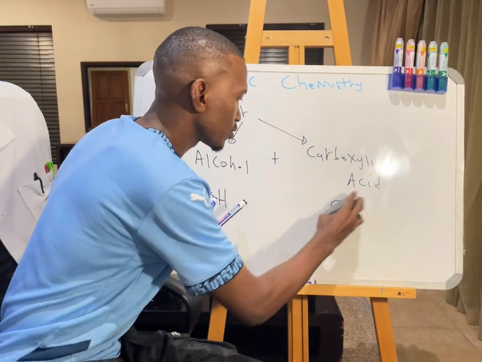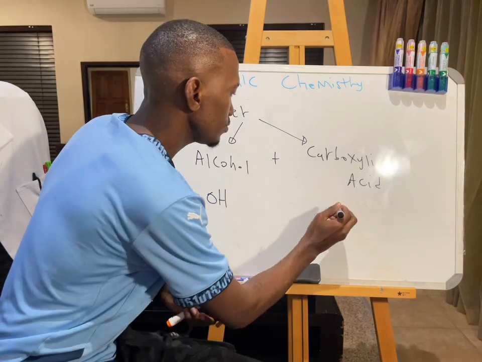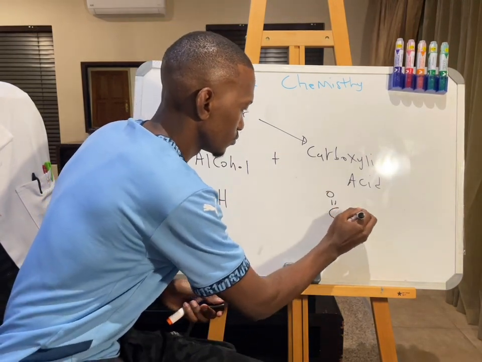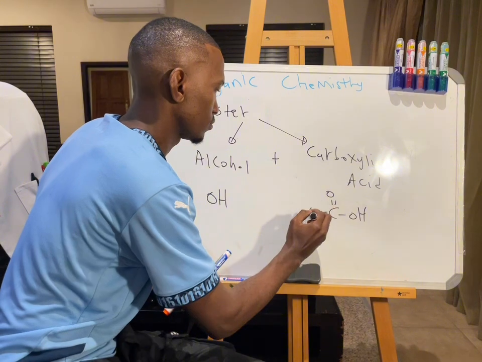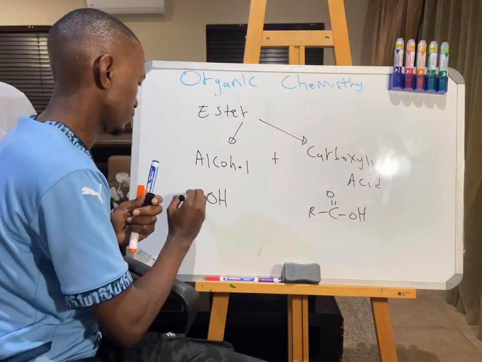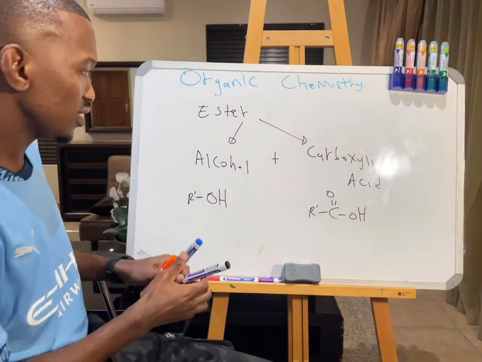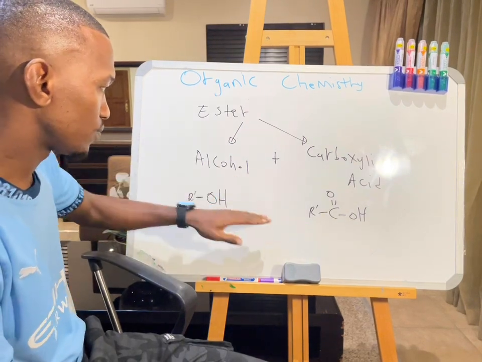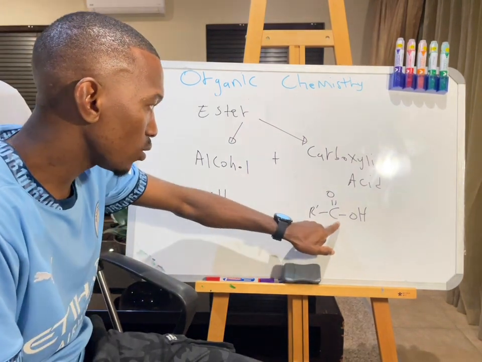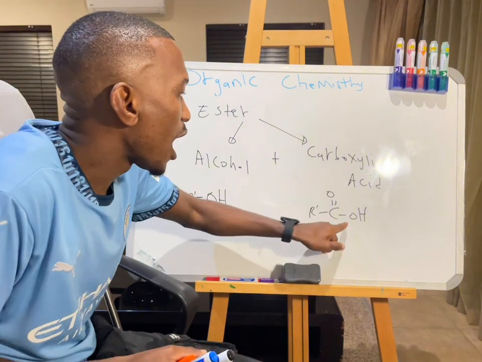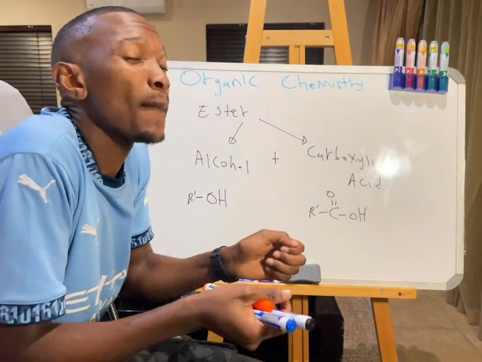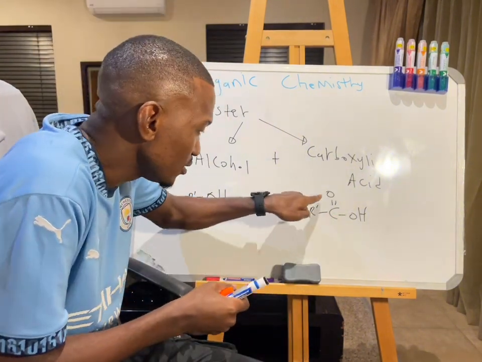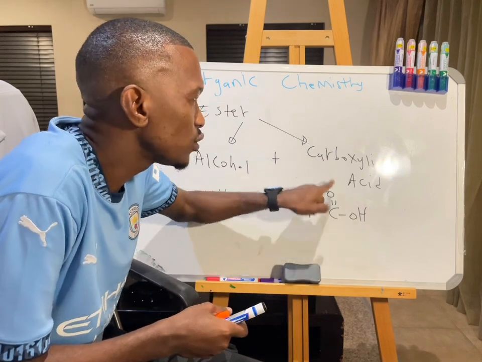Let me write it nicely so that you can see. You see, look at the difference. OH, alcohol. OH of the alcohol plus the carbonyl. Look, hydroxyl plus carbonyl, or carbonyl plus hydroxyl gives you carboxylic.